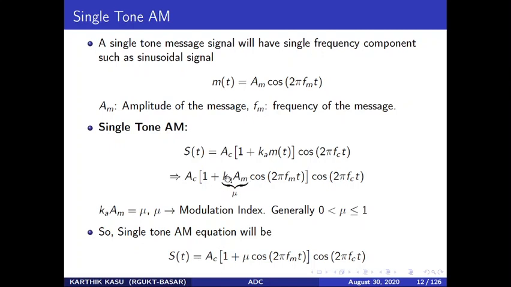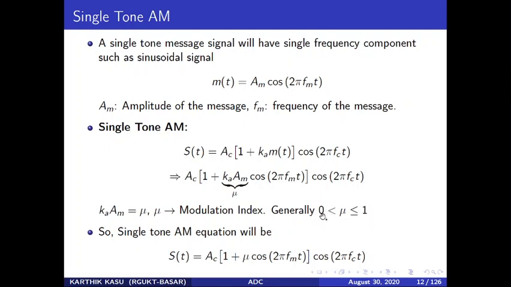Now Ka into Am is denoted as mu. Mu is called the modulation index. Generally, the value of mu will be from 0 to 1. We'll come to this later.